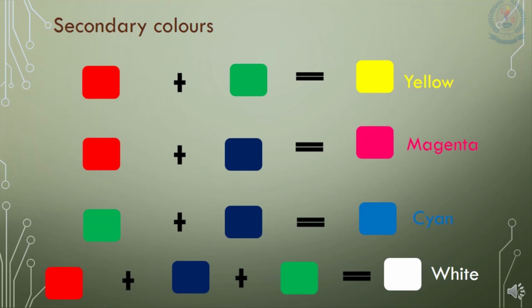And if we add red color to blue color, we will get magenta color. Same as that, children, if we add green color to blue color, we will get cyan. And if we add all three primary colors together, that means red, blue, green, we will get, can you guess the color? Yes, we will get white color.